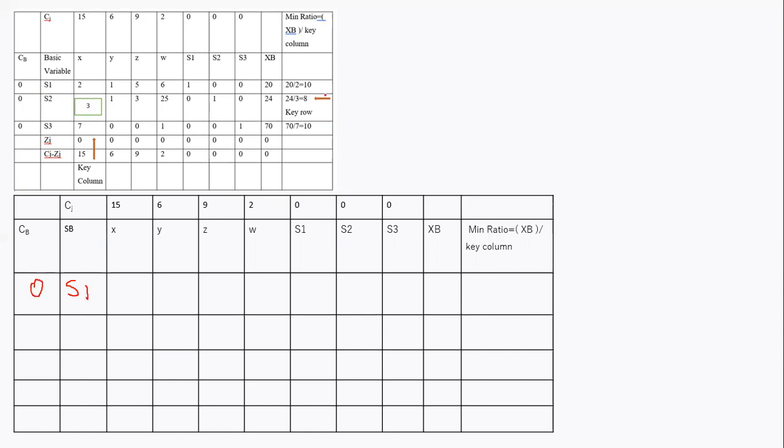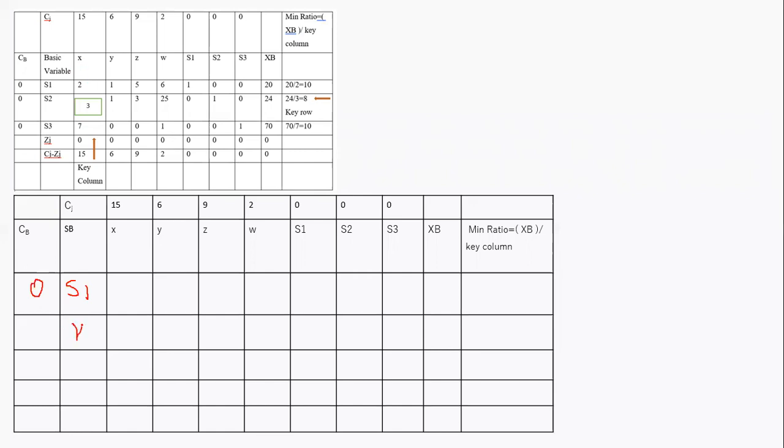Now this key row indicates that this row will push S2 out of the table, or S2 is the leaving variable. In the place of S2, this is the entering variable. This arrow says entering variable. So S2 leaves. In the place of S2, you will be having the key column variable.